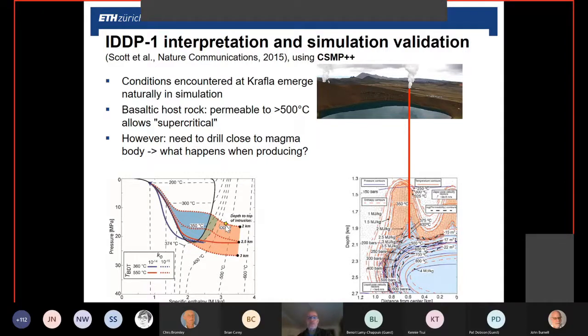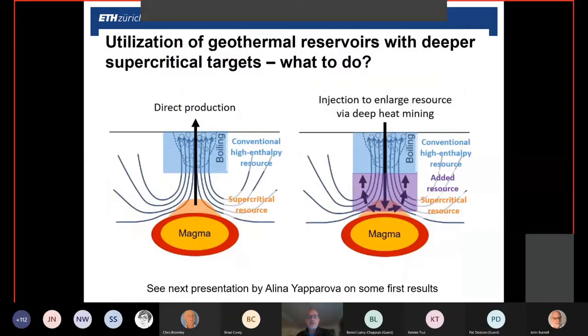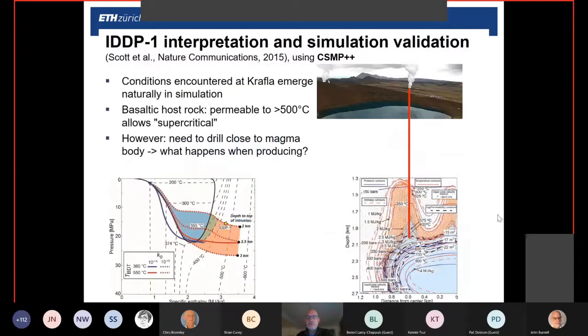So we thought that, given this, we are probably catching most of the geology and the physics of the process with the simple model that we have. So now the question is what to do with this, because you have a shallow magma, you would inject water into it, you would cool it probably.